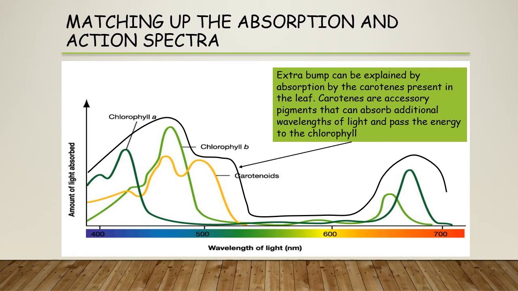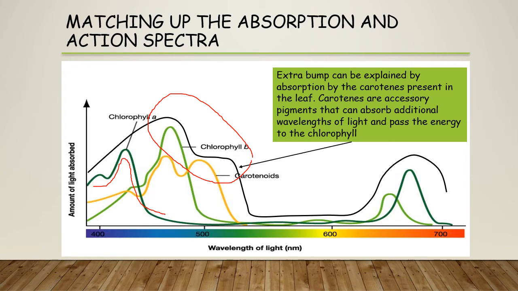So here we have the two spectra superimposed on top of each other. We've got the action spectra, that black line, and different absorption spectra of the different photosynthetic pigments in the colours. And as you can see, if we only had chlorophyll A, we wouldn't have this bump here in our action spectra because our chlorophyll A is here.